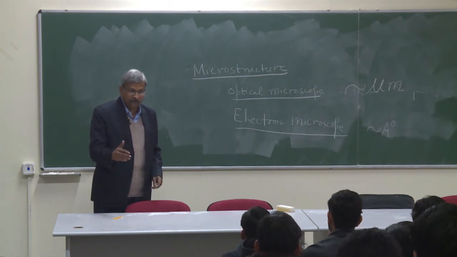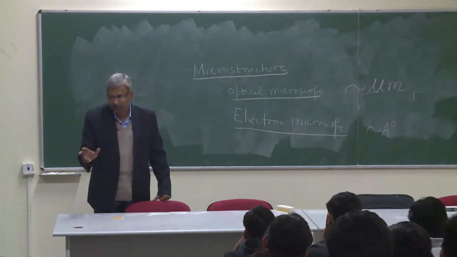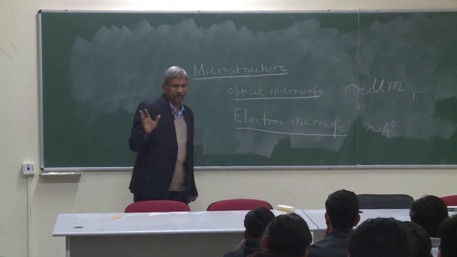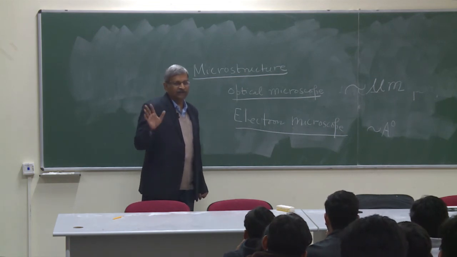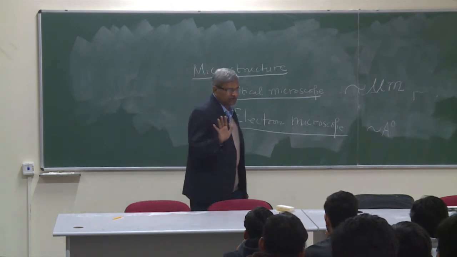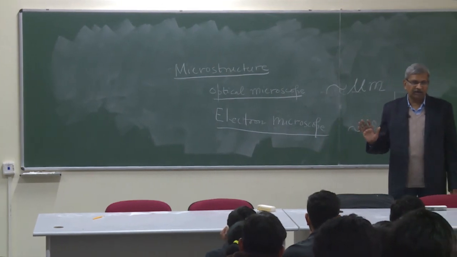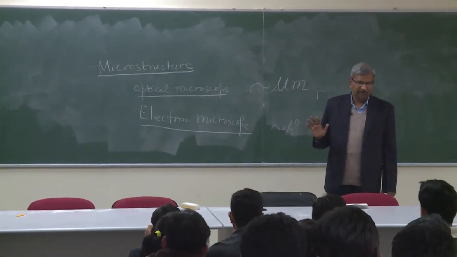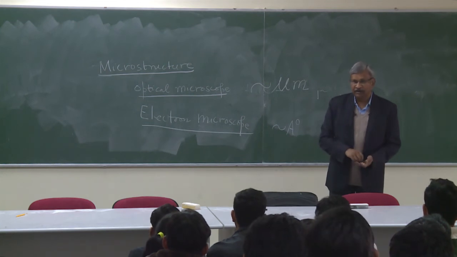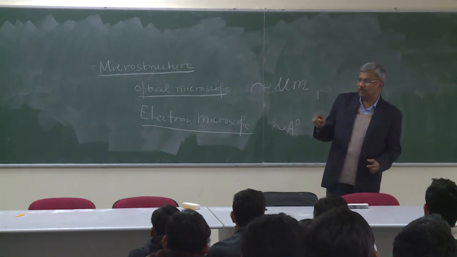And whatever I am saying, this is already 20 years old, right? First time IBM people have done it, writing IBM with, I think it was gallium atoms only, if I correctly remember. So you should only appreciate that it tells us I do not care for your thermodynamics.